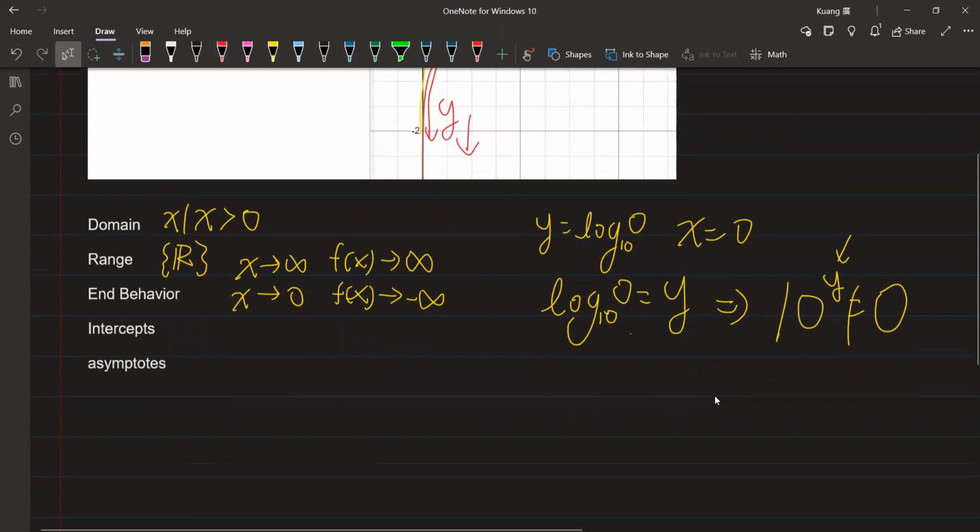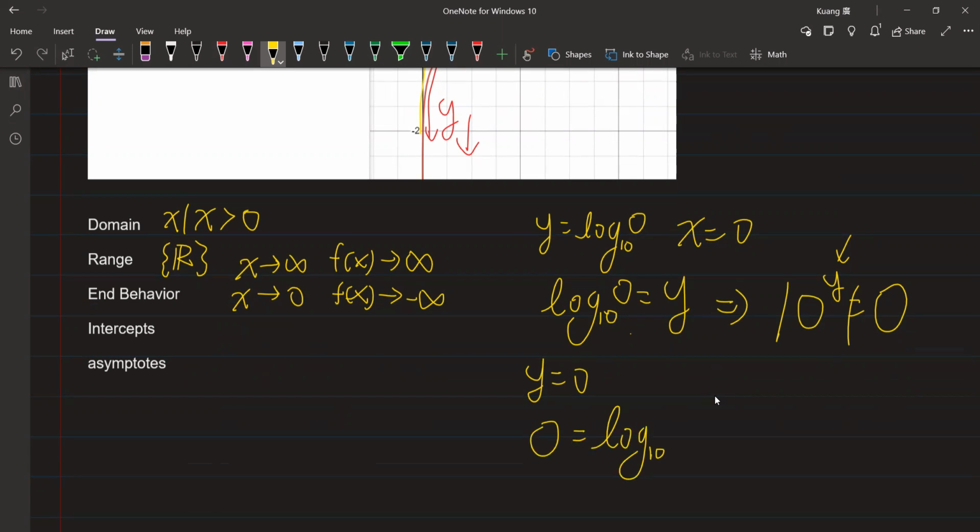And then you plug in y equals 0 to find the x-intercept. So 0 equals log base 10 of x.